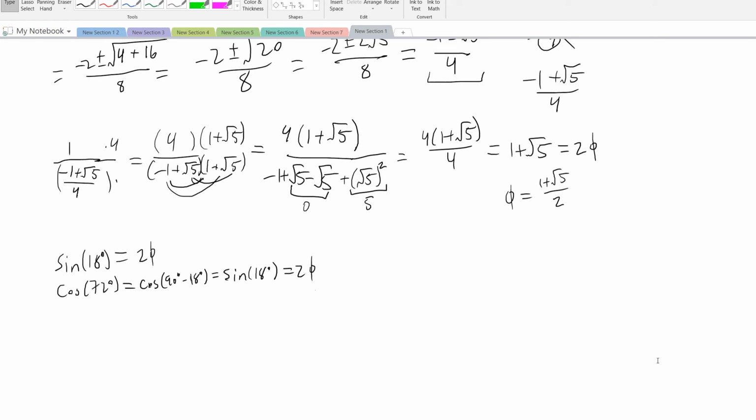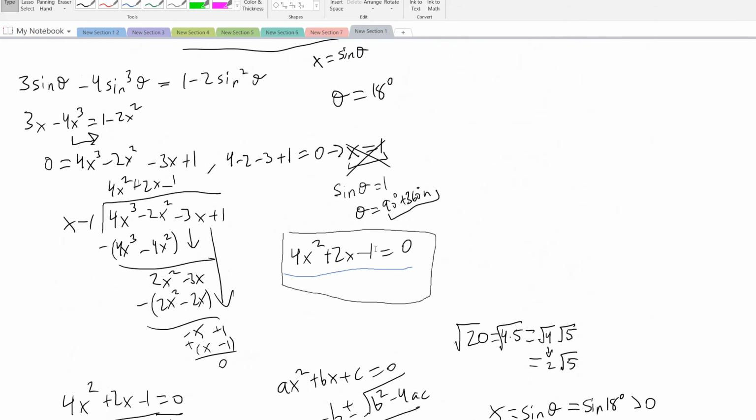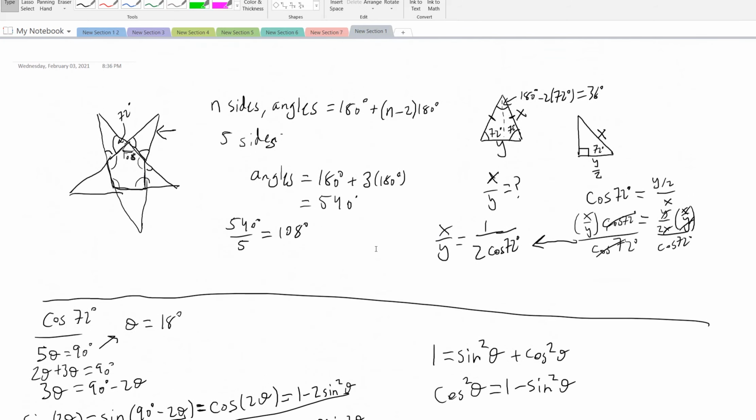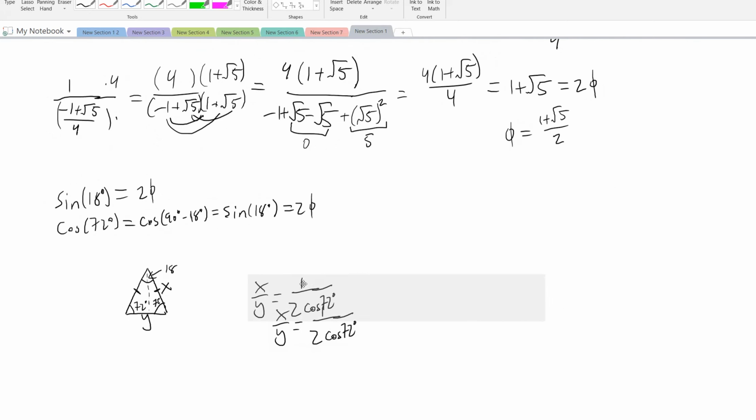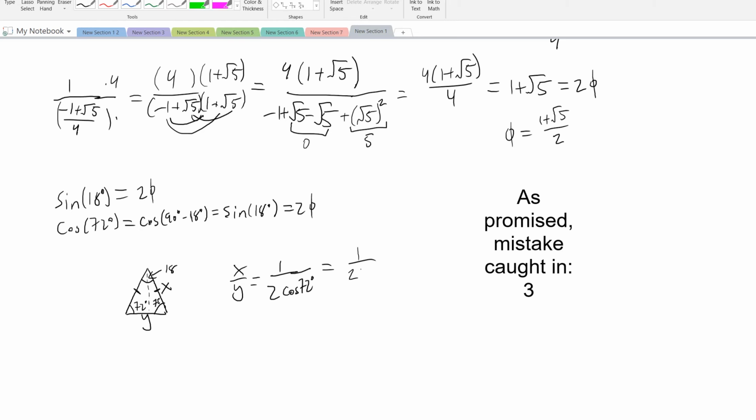Now, why was it we were wanting the cosine of 72 degrees again? Let's see. Oh, yeah. Because it gave us this relationship for the side lengths of our triangle. So, by applying the value that we have now discovered, the ratio of the side lengths of our triangle is 1 over 2.